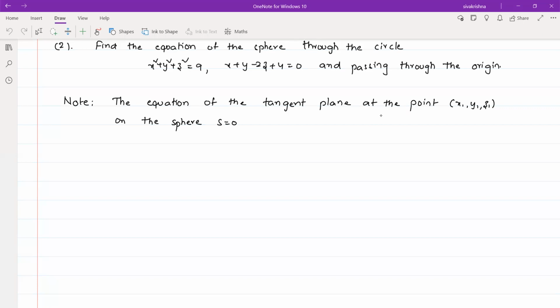We are naming the sphere equation as S, and S1 equals 0.